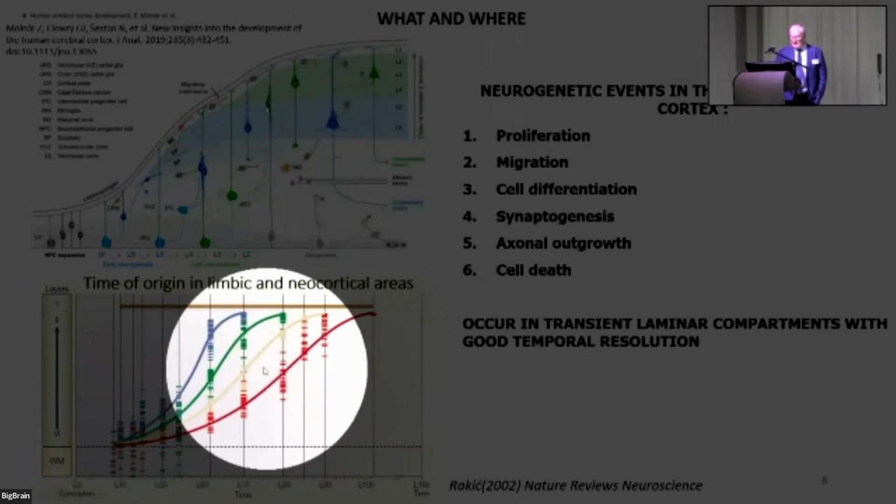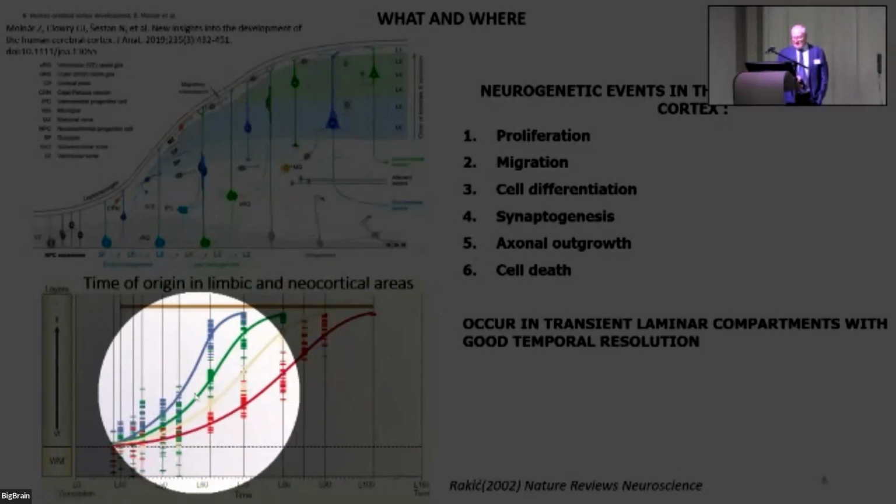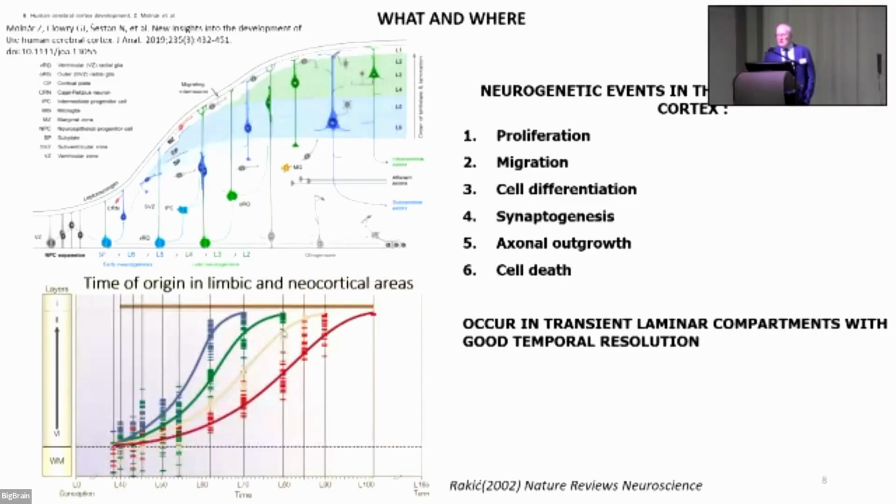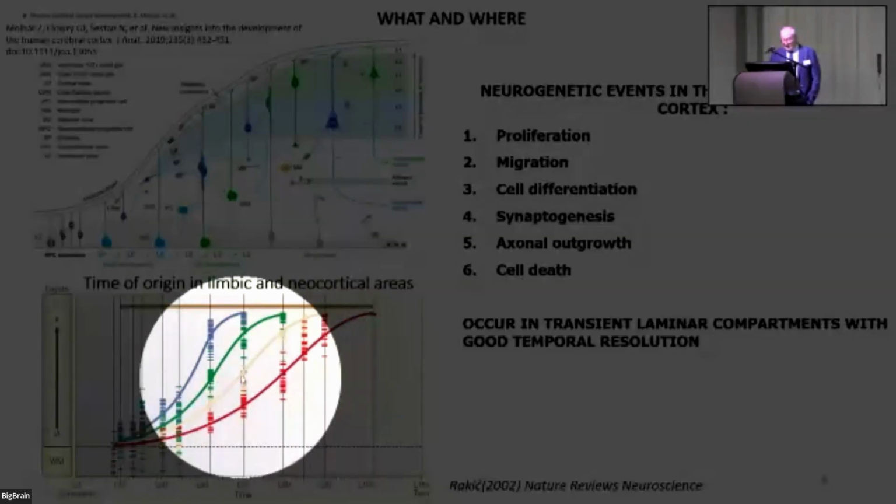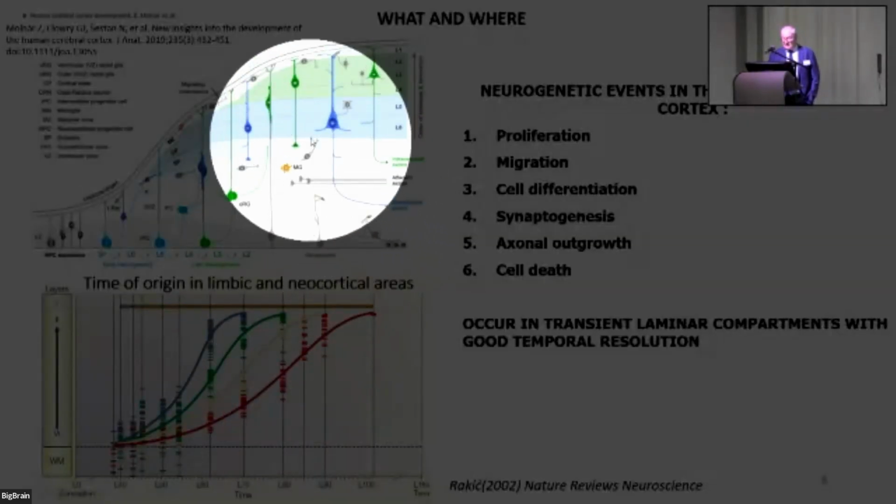This is from Pasko Rakic's study when he dated every class of neurons in the developing monkey brain. Later we will come back to these layers.